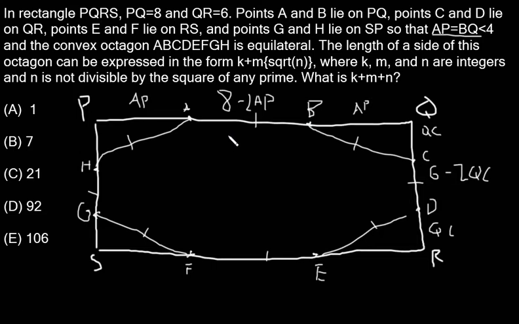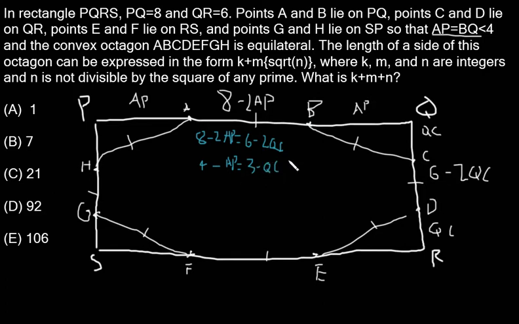So 8 minus 2 AP, I'll try to draw it small. Alright, we can divide the whole equation by 2, and we have simplified down 4 minus AP, which is equal to 3 minus QC.